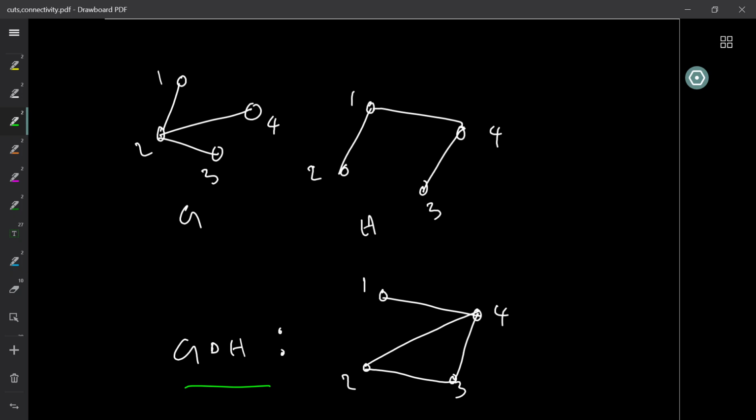For 2, 4, there is no edge in H, but it is there in G, so I will have 2, 4 here. 2, 3 appears in G but not in H, so 2, 3 will be there. 3, 4 appears only in H, so 3, 4 will be there. And all possible edges of G or H have been considered already. Therefore, we have the symmetric difference graph defined like this.